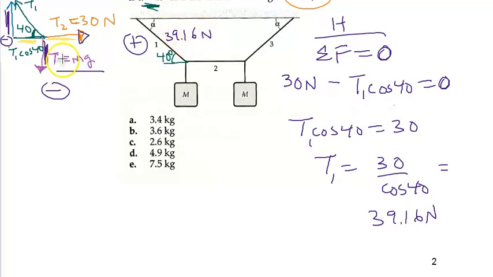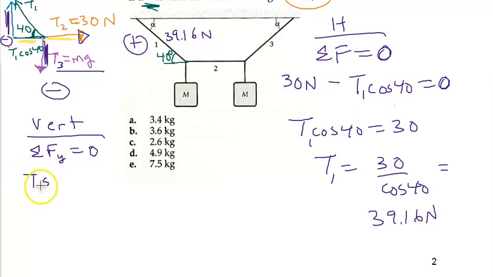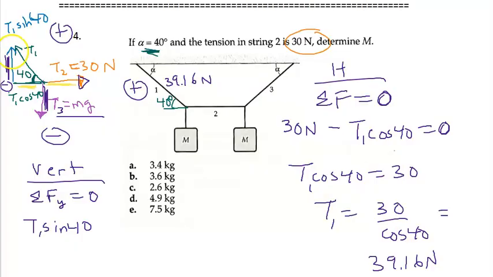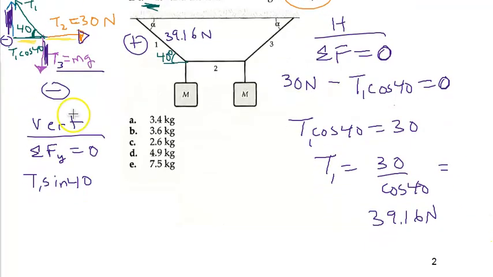We want to know, I think I call this T3. We want to know T3. So let's go to the vertical column and say those forces add to zero. So I have T1 sine of 40. It's out of view, but that's this. We have T1 sine 40 up. This was 100% vertical, so nothing from that orange vector, but the T3 is down.